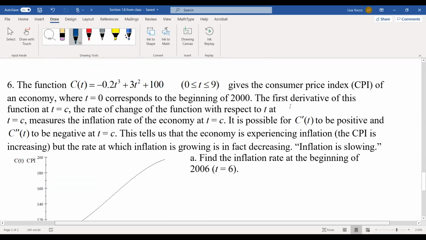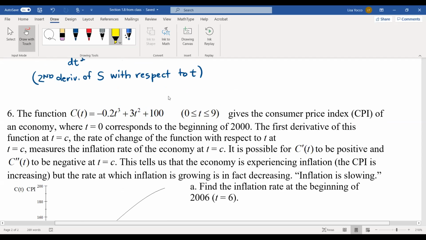In problem 6, we have a function that gives the consumer price index of an economy, where t equals 0 corresponds to the beginning of 2000.